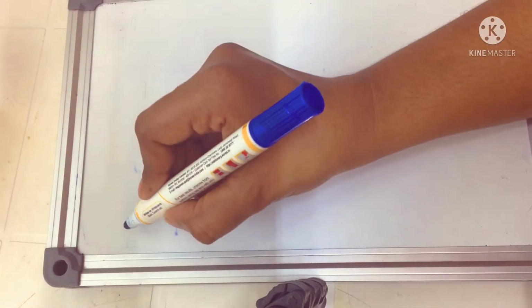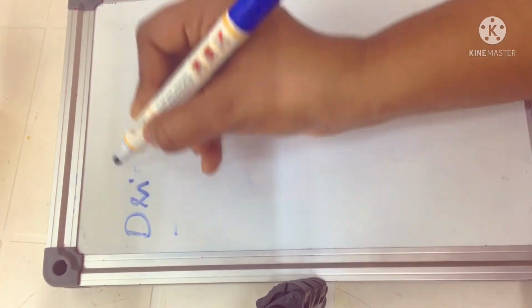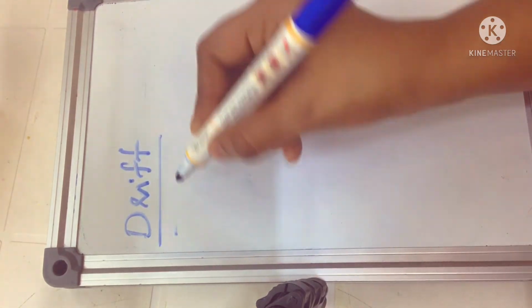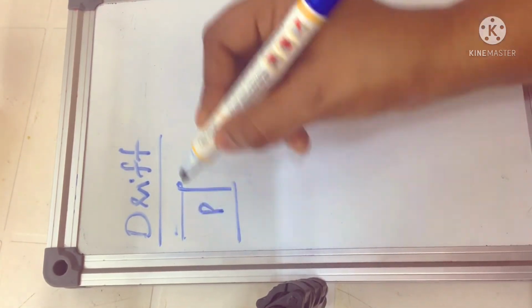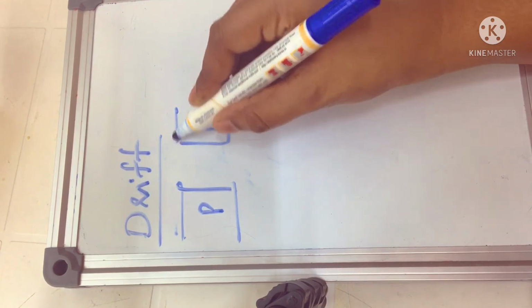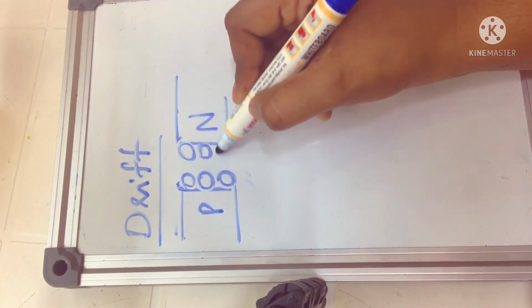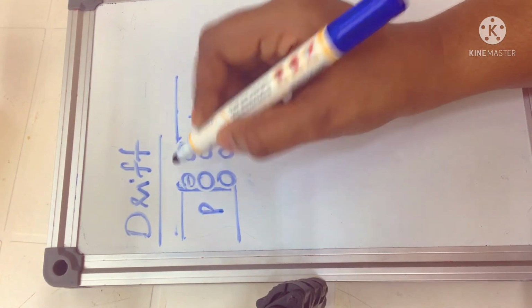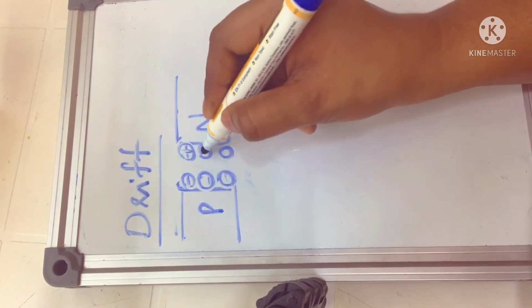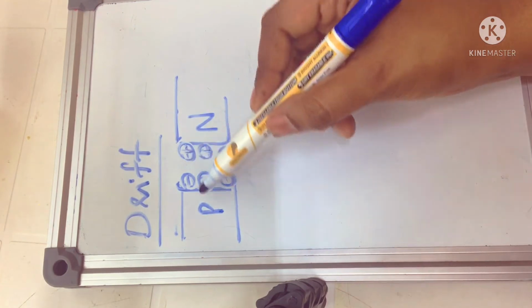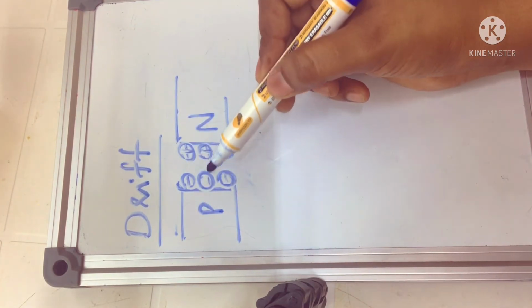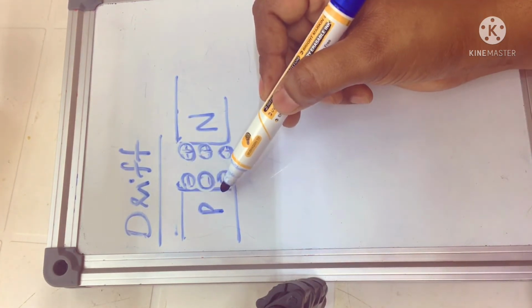Okay, then we are going to discuss what is drift. This is the p-type and this is the n-type. We know that due to diffusion, positive charge comes to the n side and negative charge comes to the p side.